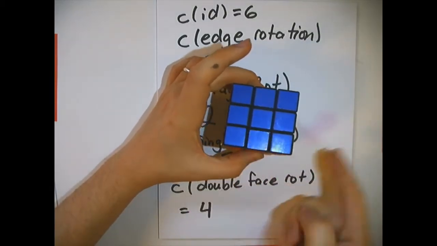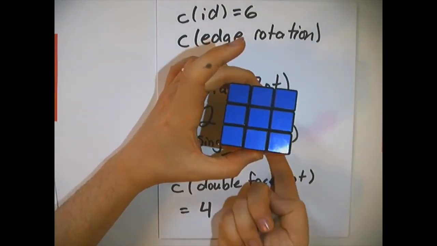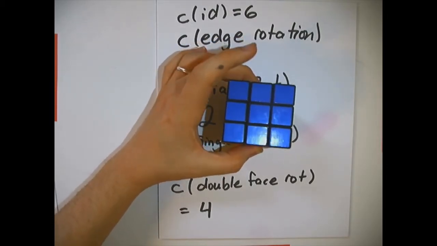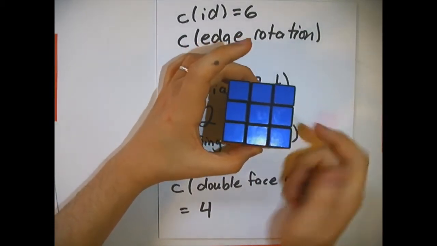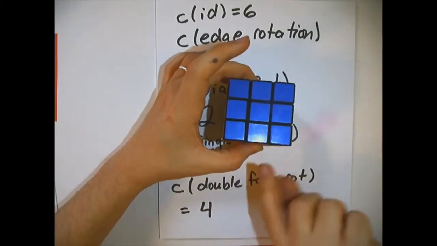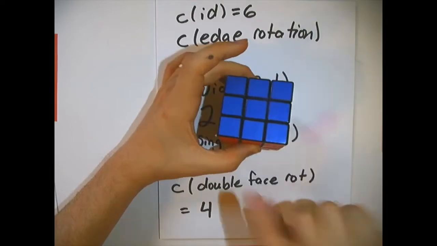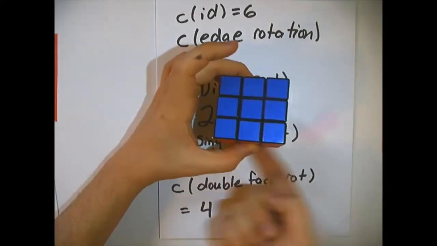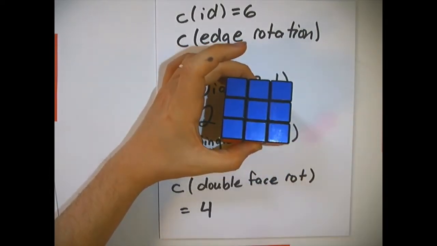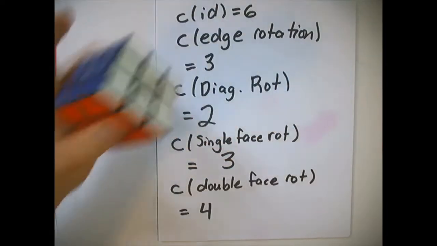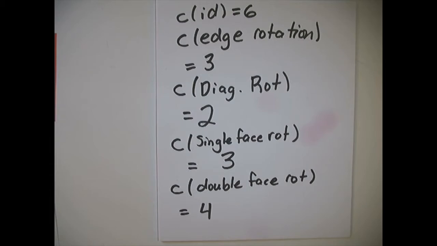So these four faces form one orbit under the single face rotation. On the other hand, under this single face rotation, this face never moves, and this face never moves, which means this is one orbit, this is one orbit, and then all four of these faces are one orbit. So what that means is that in total, there are 3 orbits, so that's where this 3 comes from.